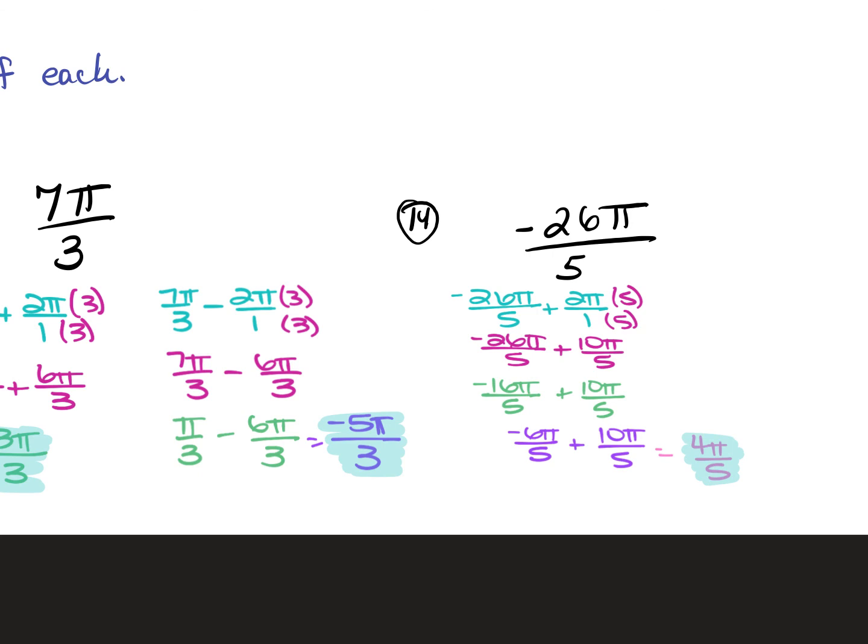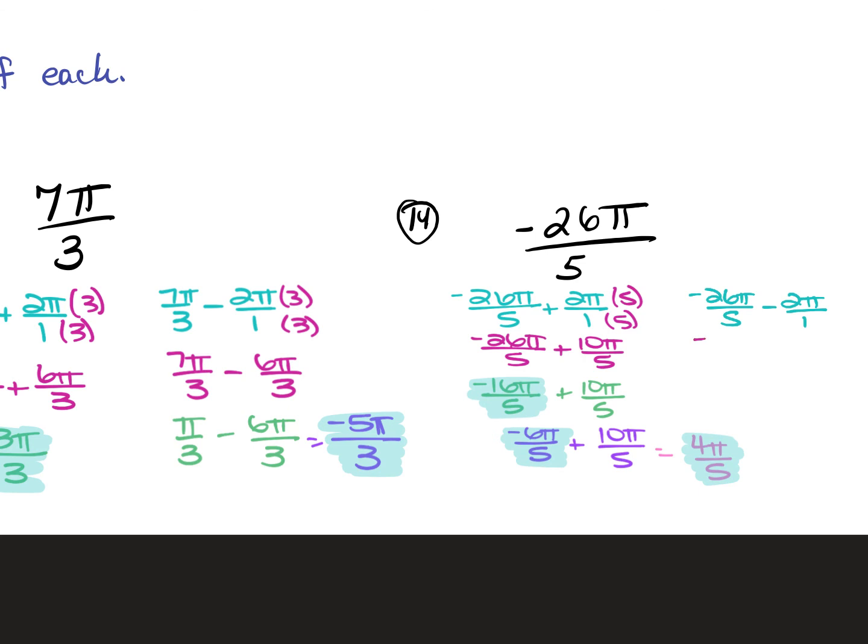If you wanted to, you can tell me that that negative coterminal angle is either negative 6 pi over 5 or negative 16 pi over 5, as long as it's not the original radian. If you're not comfortable doing that, you don't have to. You can still take that negative 26 pi over 5 and subtract 2 pi from it.